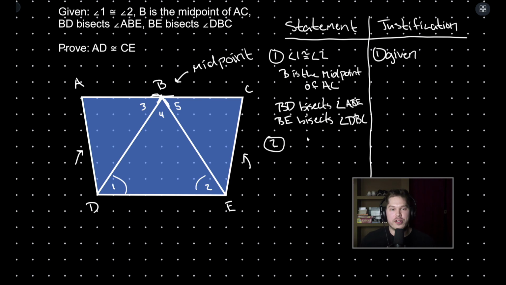So what can we learn? After we write the given, we go to the repercussions of our given. We are just told outright that angle 1 and 2 are congruent. Well, what is the repercussion of angle 1 and angle 2 being congruent?